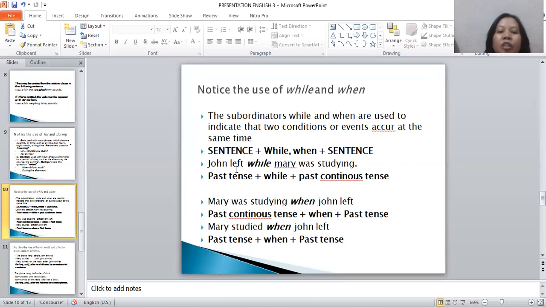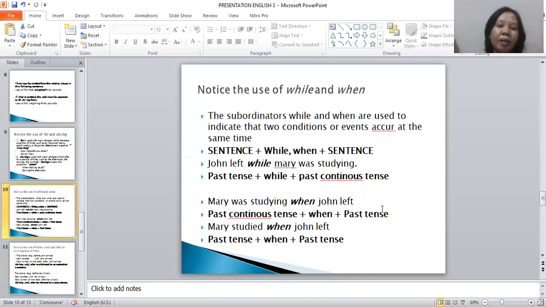For example, John left while Mary was studying. John left is past tense, while plus Mary was studying, past continuous tense. And when we use when, Mary was studying when John left. So Mary was studying is past continuous tense, and John left is past tense.